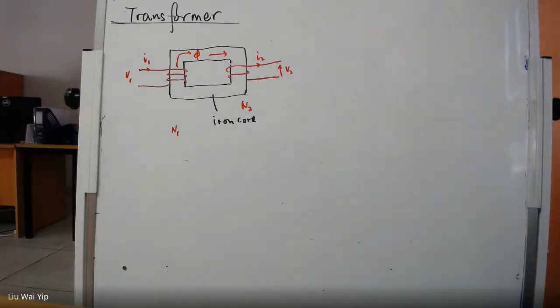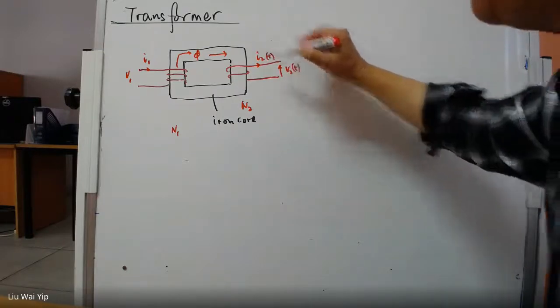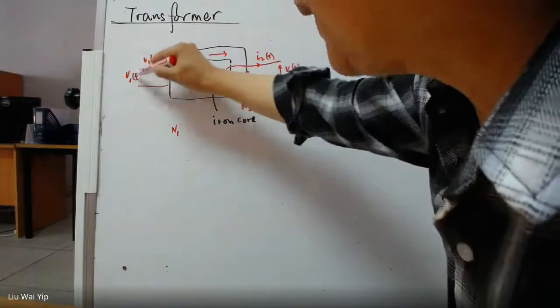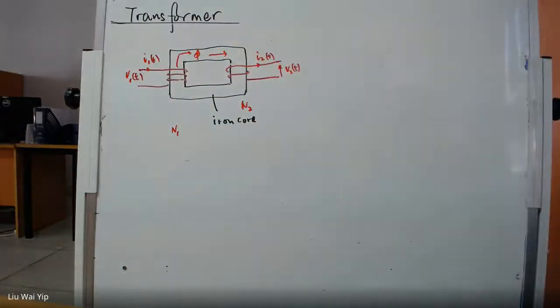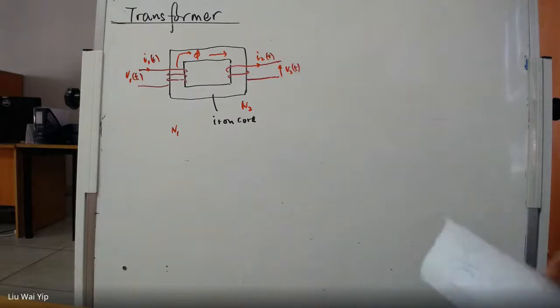And these are in time domain, okay? Let's make sure you don't get confused. So this is the typical scenario of a transformer in time domain. We have learned Faraday's law before.